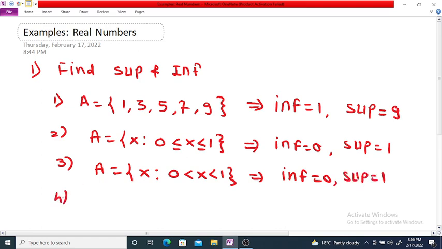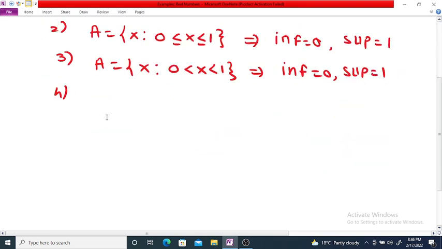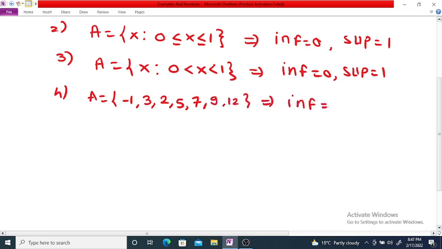Example number 4. A is equal to {-1, 3, 2, 5, 7, 9, 12}. Then here the infimum of set A is equal to -1 and the supremum of set A is equal to 12.